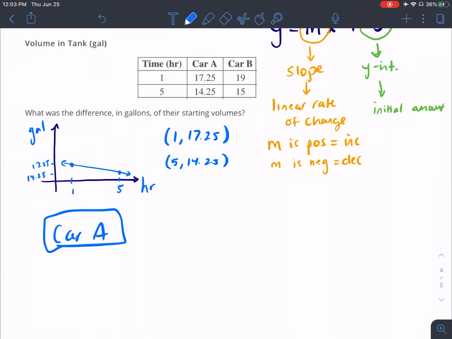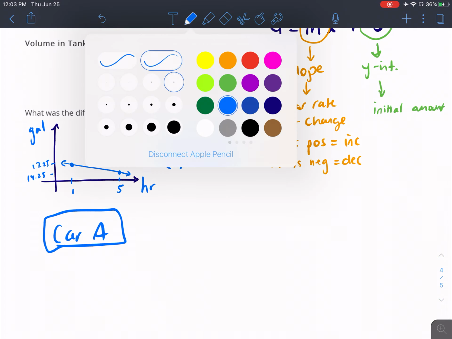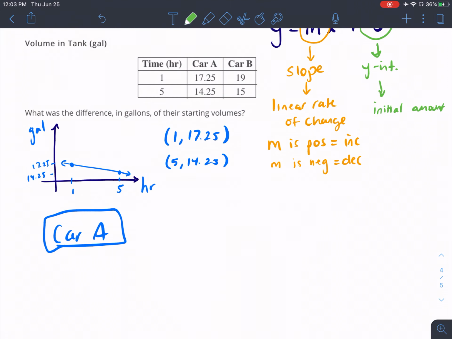And so now you're going to use your slope formula here. To find my m, I usually do y2 minus y1 over x2 minus x1. You can think of this as the x1 and the y1, and this is the x2 and the y2.